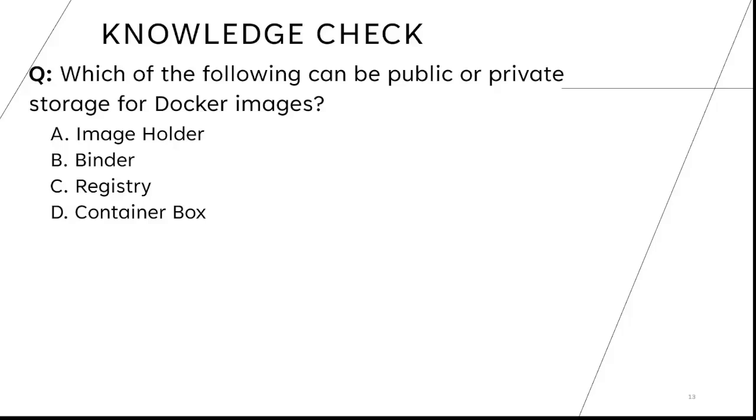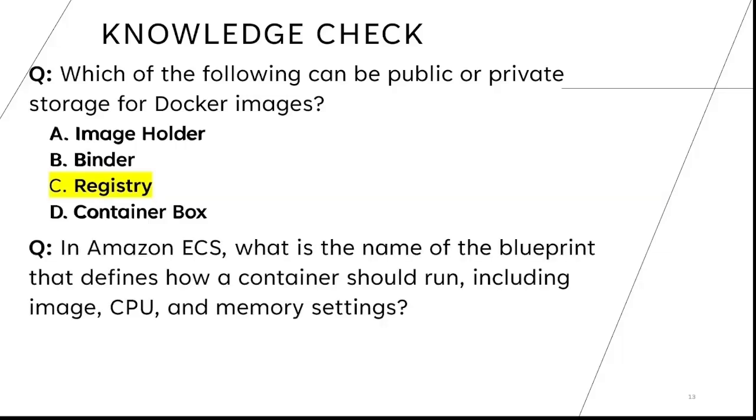If your answer is registry, that's correct. And for the second question, in Amazon ECS, what is the name of the blueprint that defines how the container should run, including image, CPU, and memory settings? I'll give you 3 seconds to think about your answer. 1, 2, 3. If your answer is task definition, you're correct.